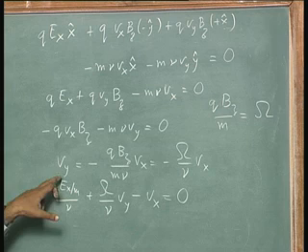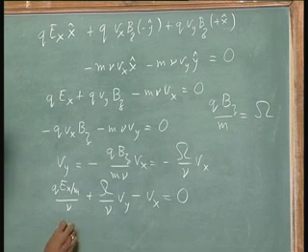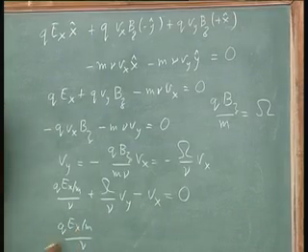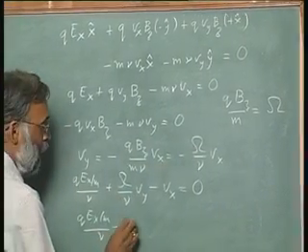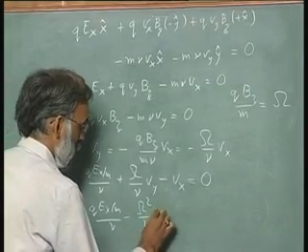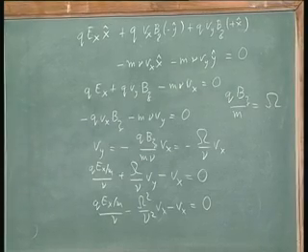But I already know Vy in terms of Vx, so I can substitute here. So, I get QEx over m divided by nu minus omega squared over nu squared Vx minus Vx is equal to 0.